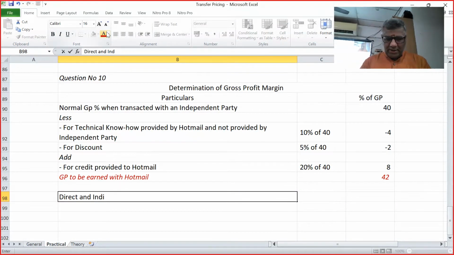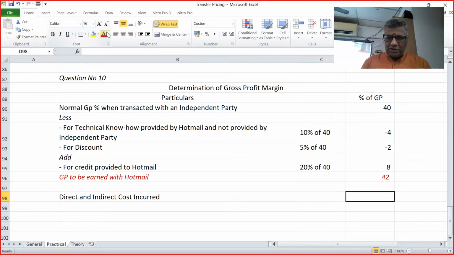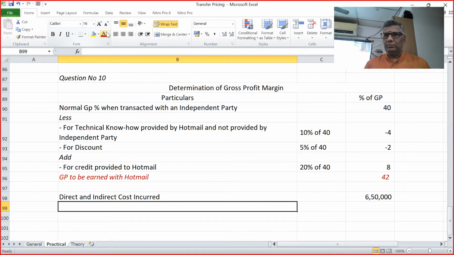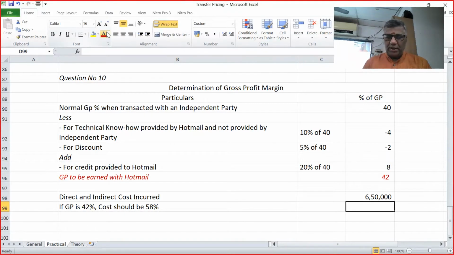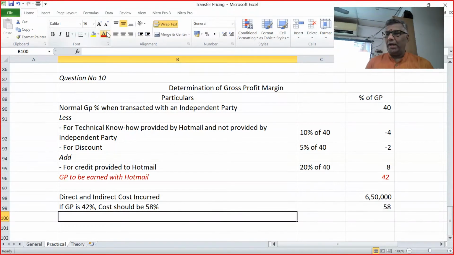Direct and indirect cost incurred. How much is the direct and indirect cost incurred? 6,50,000. If GP is 42%, cost should be 58%. Do you agree? Okay, 58.